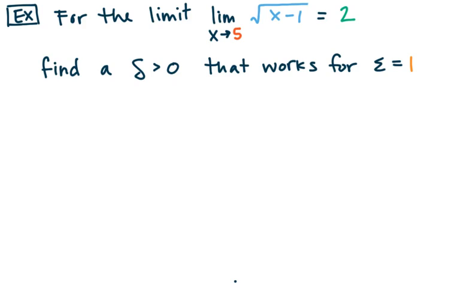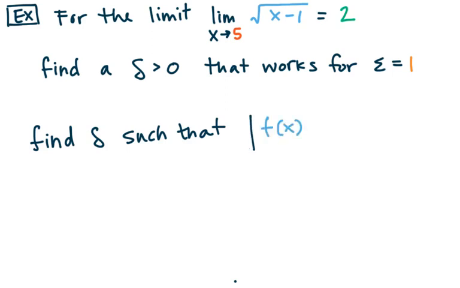And what this means, in layman's terms, is find delta such that, using our definition, f of x minus the limit has to be less than epsilon. So we have our function square root of x minus 1, take away the limit, which is 2.